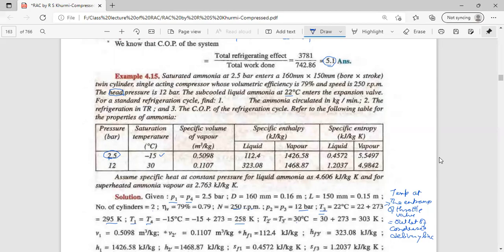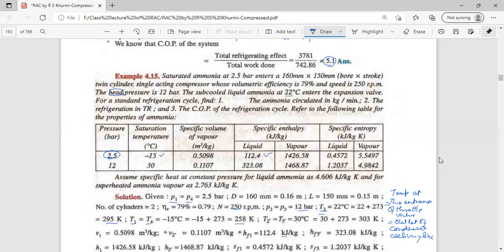So hf1 is the enthalpy of the refrigerant at point 1 in the fluid stage, that is the liquid enthalpy at the lower temperature of the refrigerant, 112.4 kJ per kg.